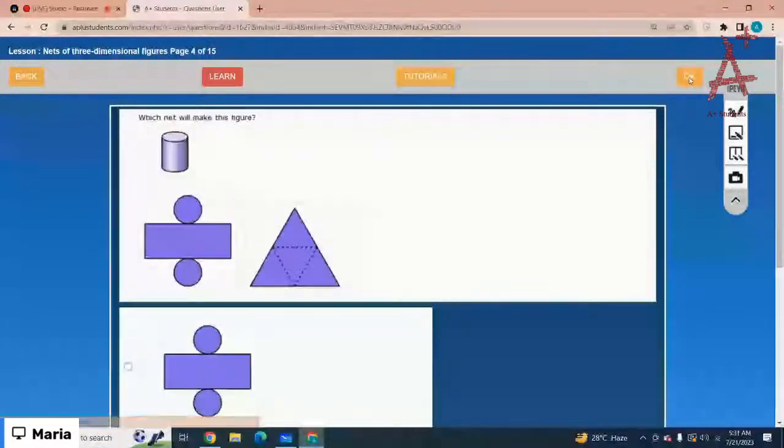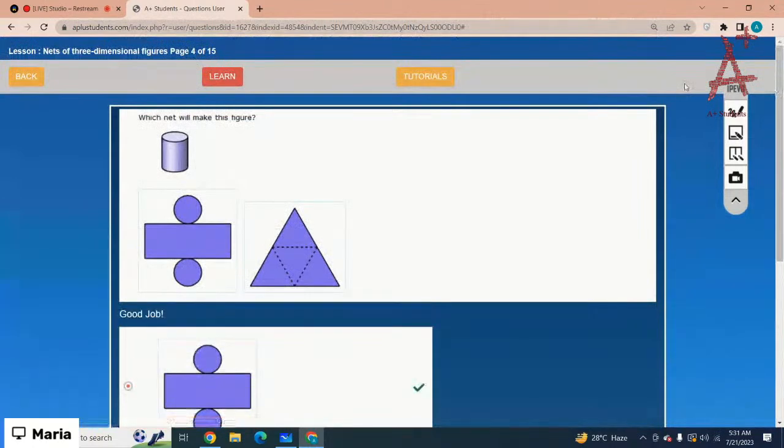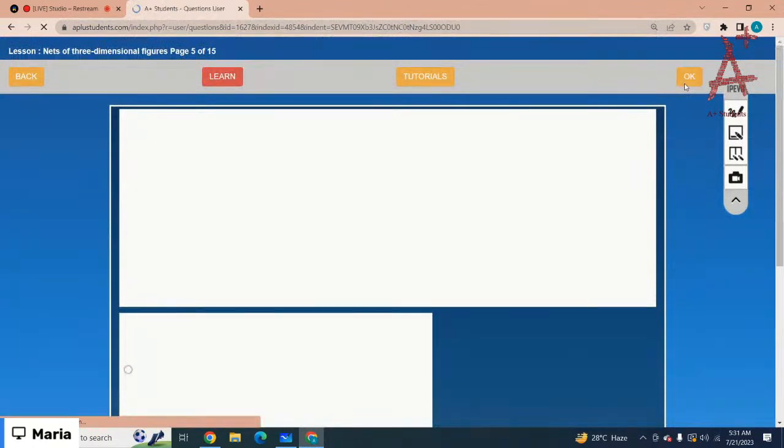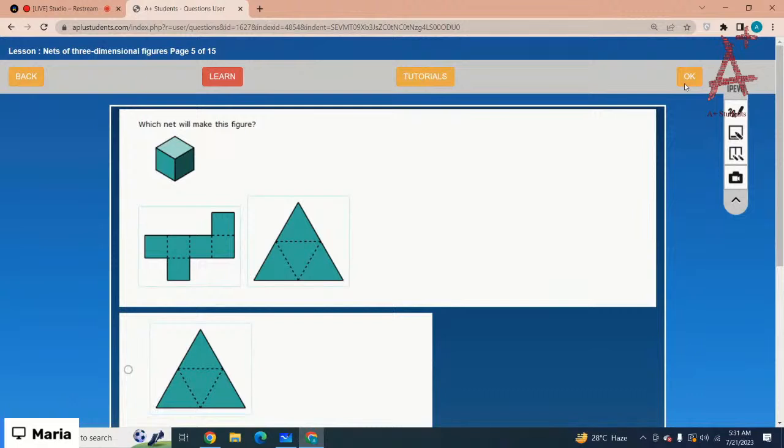Which net will make this figure? Which is the correct option? One or two? It would be option number one. Which net will make this figure?